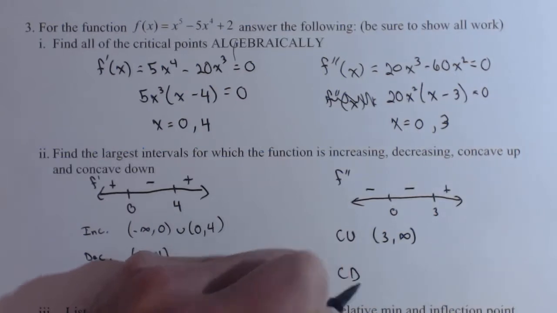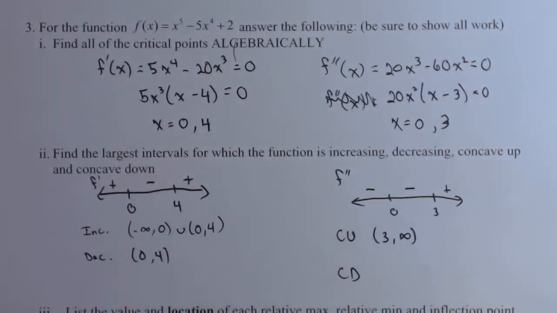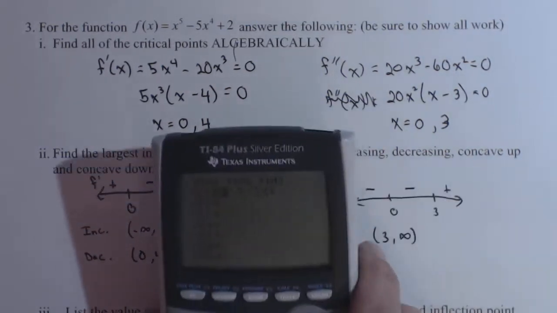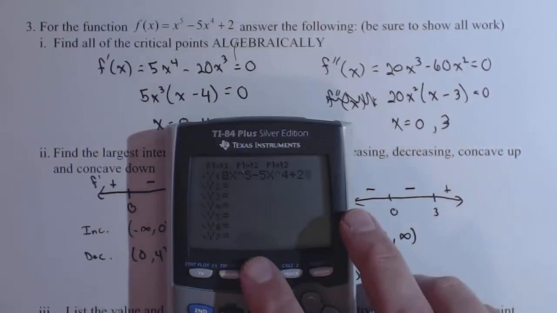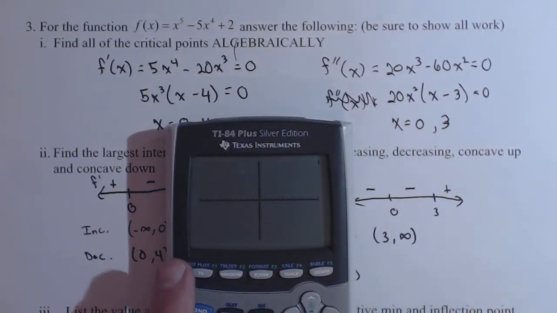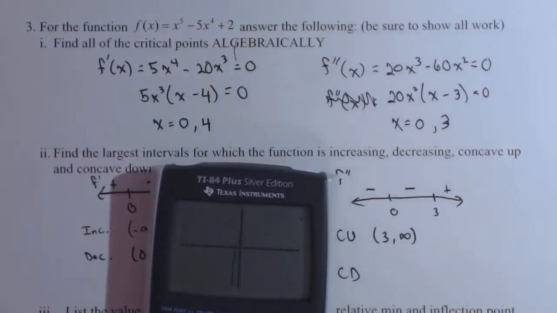And for concave down, we have an interesting situation because it doesn't change. So let's take a look at the graph so we can see what's happening. We have x to the fifth minus 5x to the fourth plus 2. Start off in a standard window, but we're going to see there's maybe not everything we need to see as it goes way down here. So let's change the y min to negative 200.